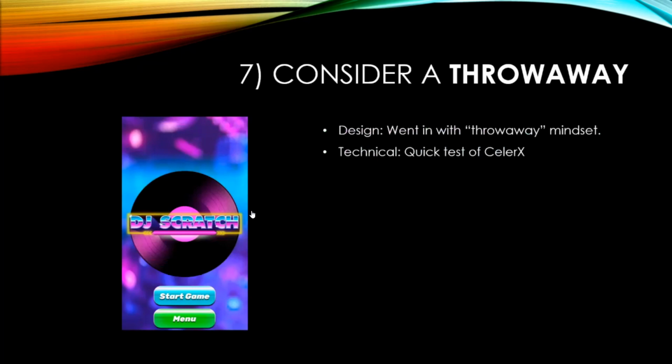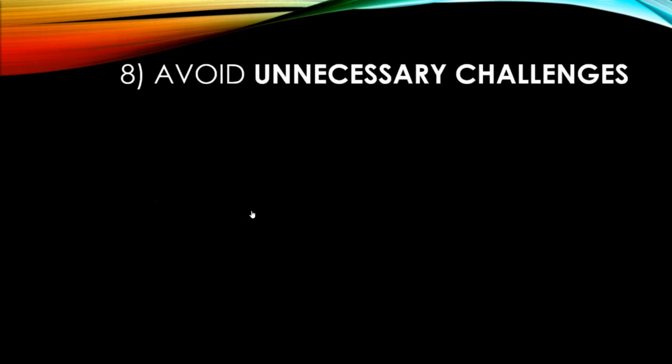On the technical side, however, I actually did a quick test in CellerX, and I just made a little game where you tap the logo to earn points. It was the Phaser logo, and I would just tap, tap, tap, or click, click, click, and the points would go up. I just wanted to make sure that the platform worked with CellerX, and that was a great way for me to isolate that problem.